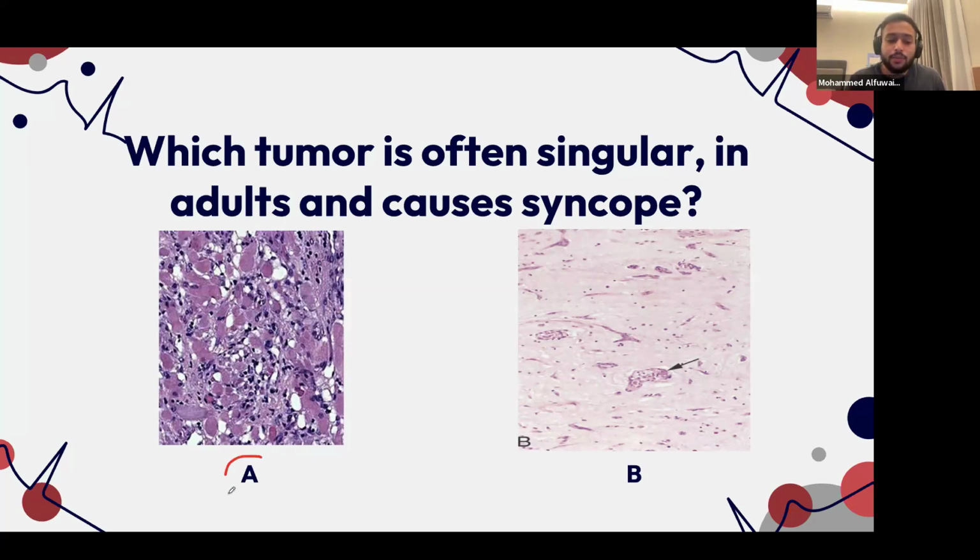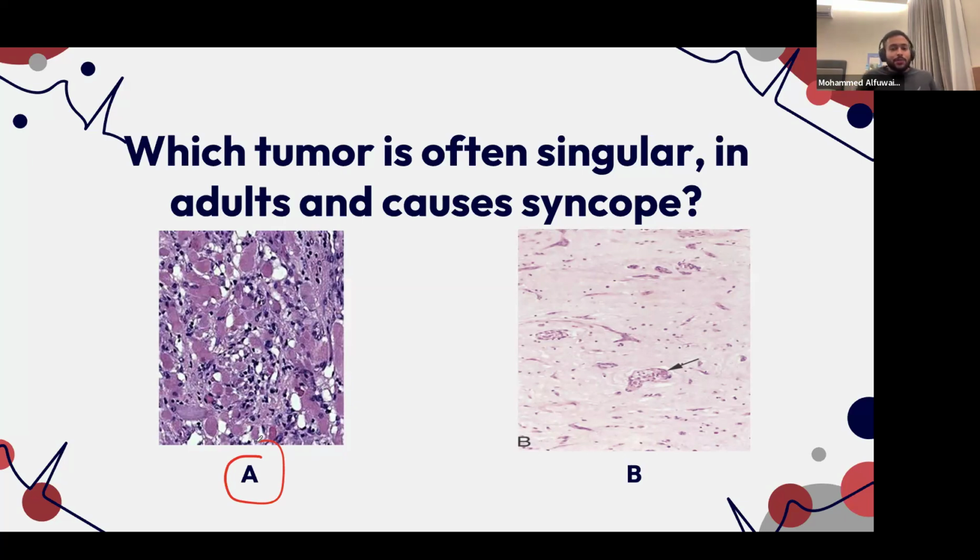Now, how about A? What is A? Rhabdo. Good. Now, does rhabdomyoma happen in children or adults? Children. Sorry, rhabdomyoma.